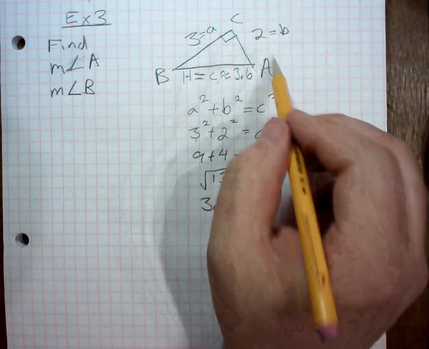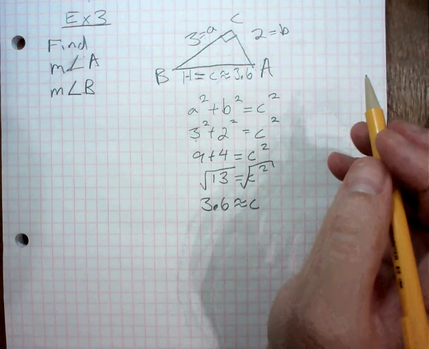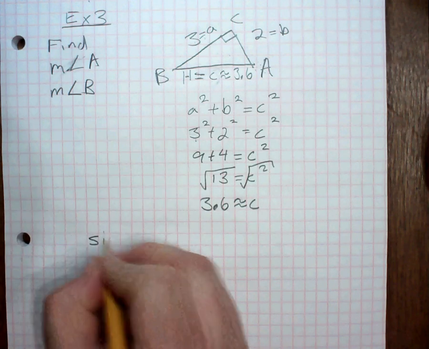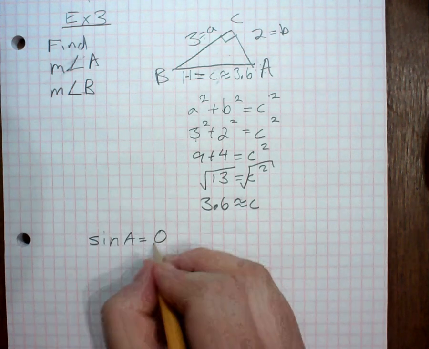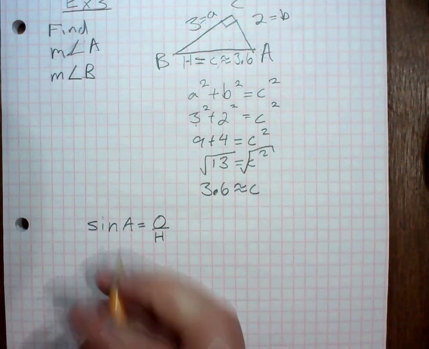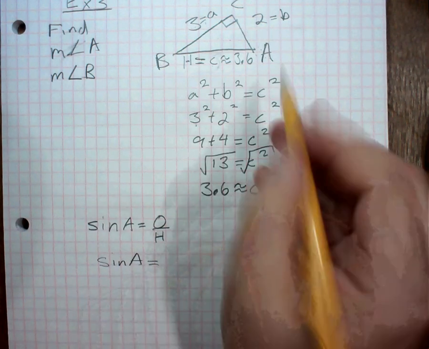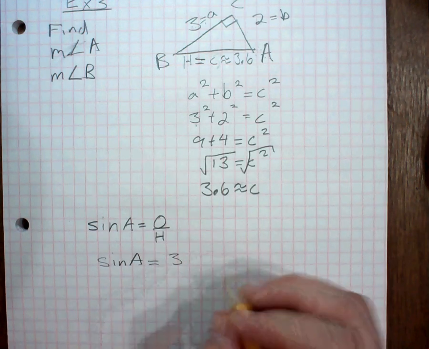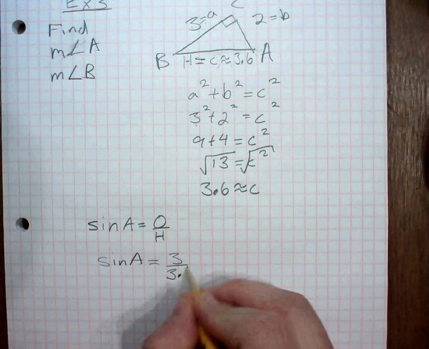I could use tangent, I could use sine, I could use cosine. It really doesn't matter. So I'm going to find sine of A, which is the opposite over the hypotenuse. Okay? Now, for that measure angle A, what's opposite of A is the 3. And then the hypotenuse we just found to be approximately 3.6.